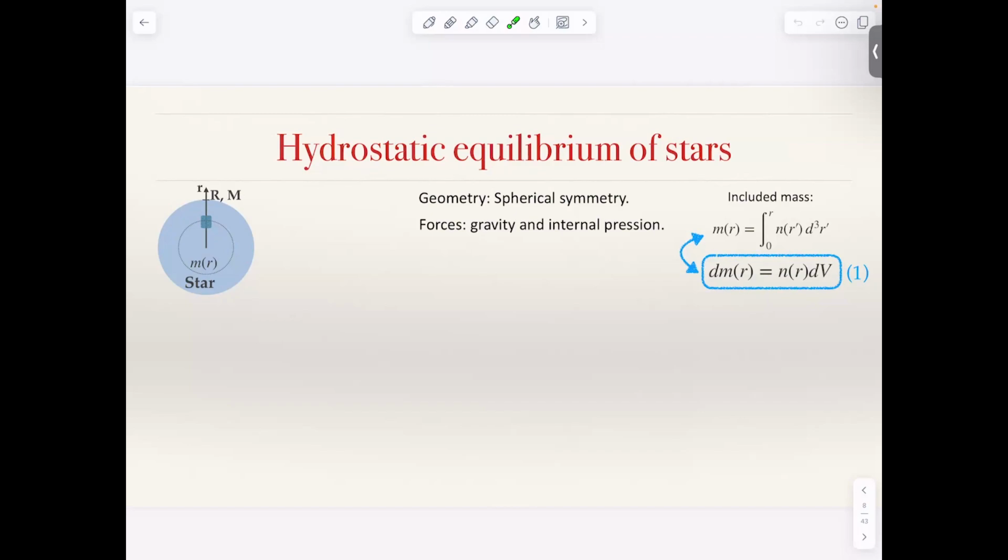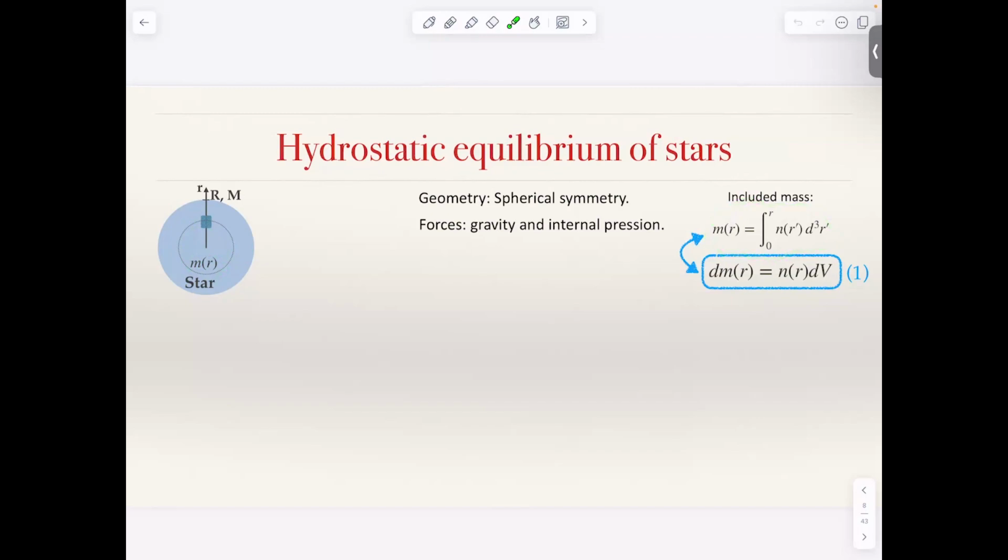And you can say, for instance, I measure the included mass, m of r, which will tell me the amount of mass inside this volume. How can I do that? I just have to integrate from 0 to r.